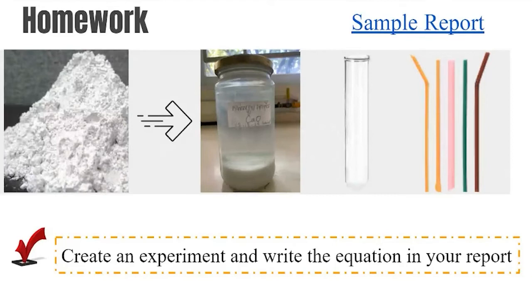Take a photo before the solution is blown, during the blowing, and after you blow, and then observe the aspect of the solution: what happens before, during, and after. And write the equation, and the sample of the report I also give here.